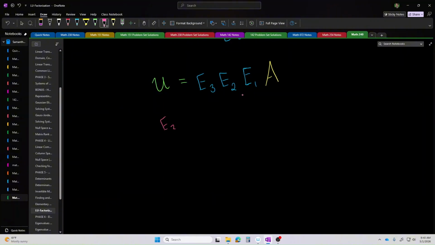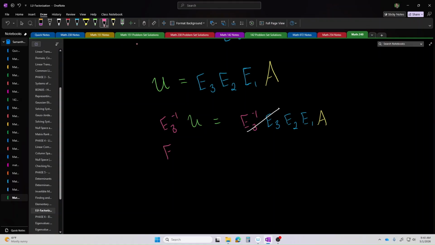For example, if I apply E3 inverse to both sides of this equation, to the U on the left and to the E3, E2, E1 times A on the right, if I do that, that's going to cancel out the E3 on the right side of this equation, and that'll eliminate part of what's going on over here next to A.